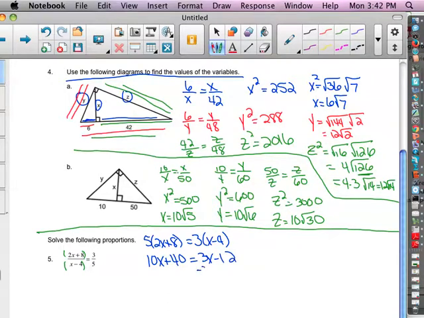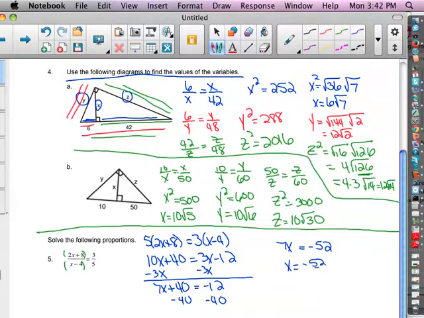Subtract the 3x from both sides, and you'll have 7x plus 40 is equal to negative 12. Subtract the 40 from both sides, and you get 7x is equal to negative 52. So x is equal to negative 52 over 7.